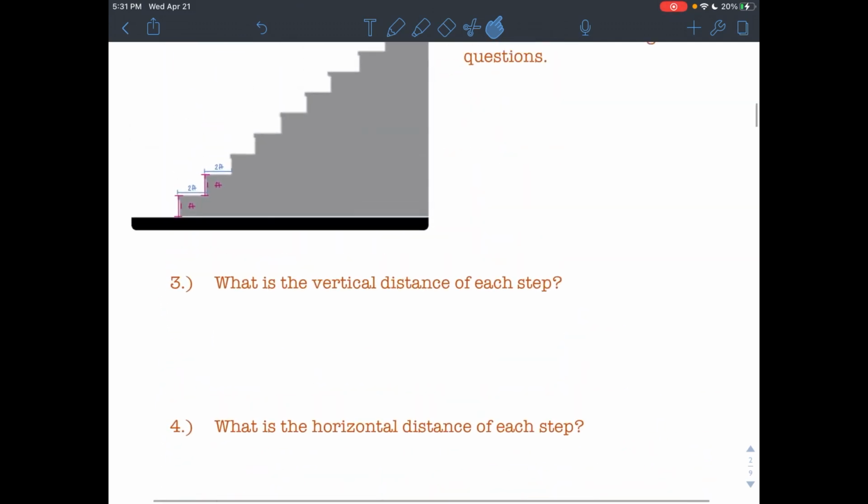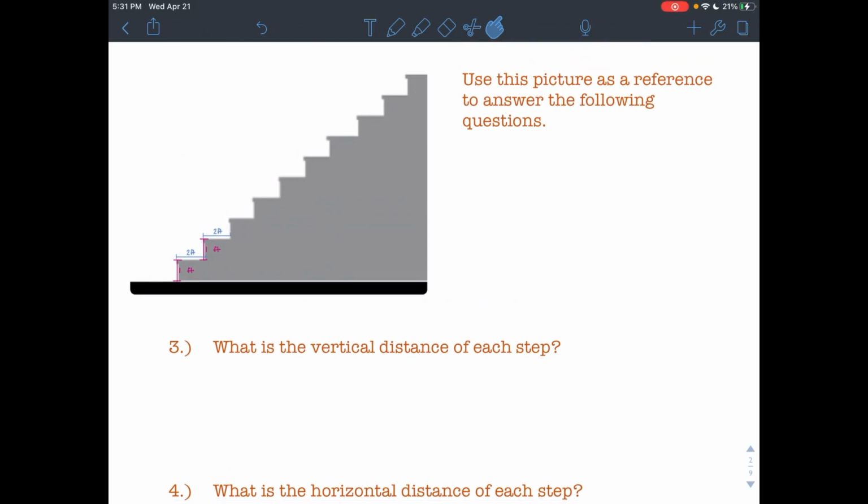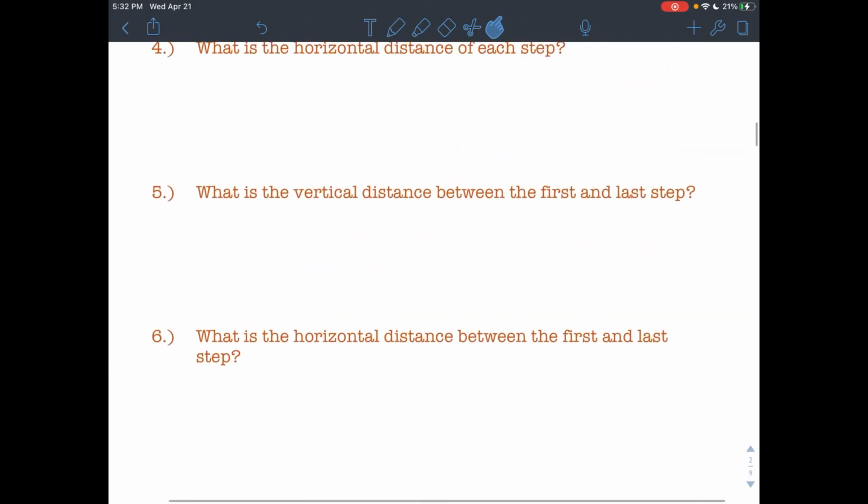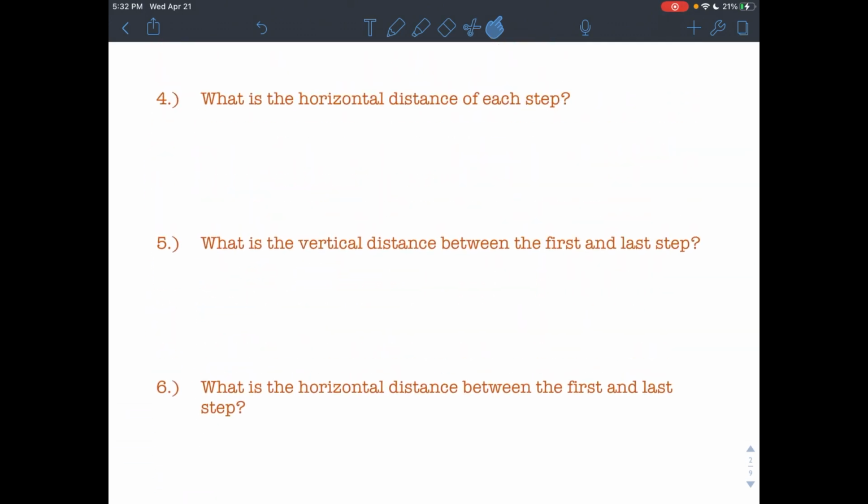So then I want to know the total horizontal distance from the very first step to the last step. Pretty simple, right? Great. So go ahead and pause the video to complete this section on your own, and then play the video again when you are ready to move on to the next section.